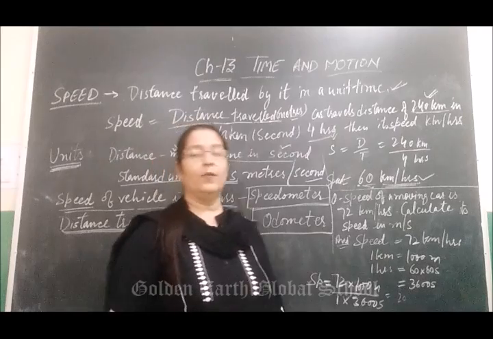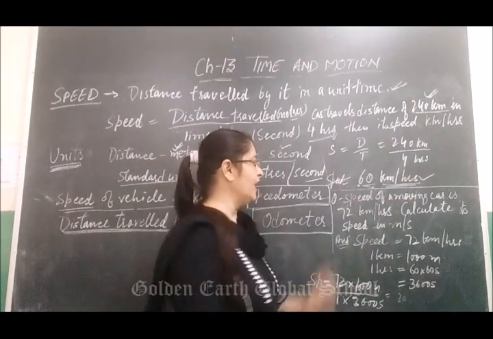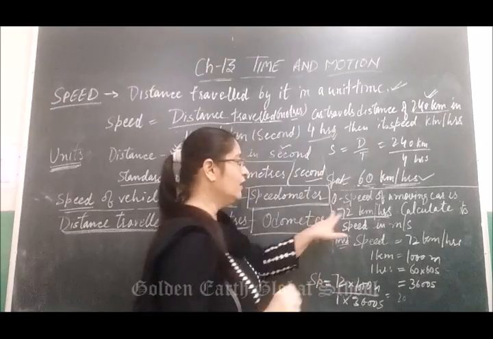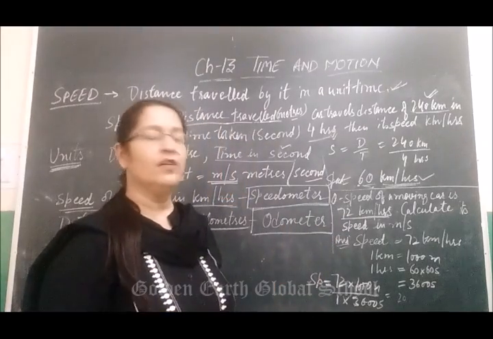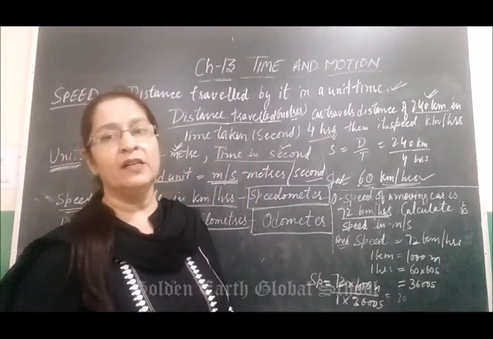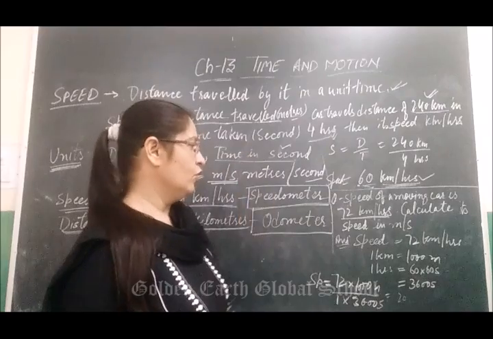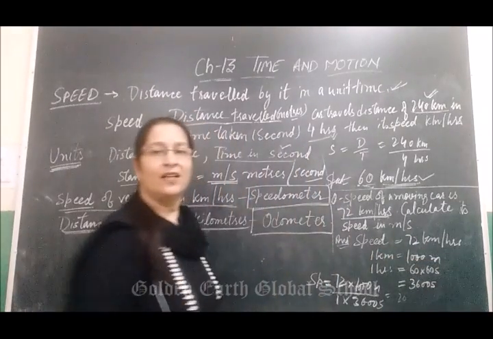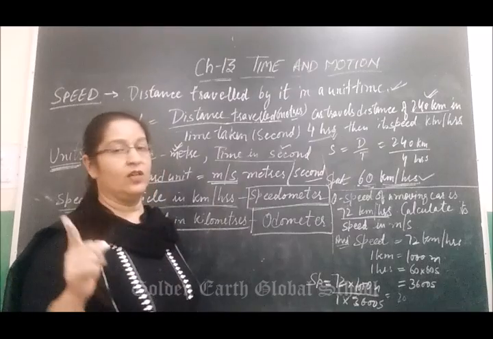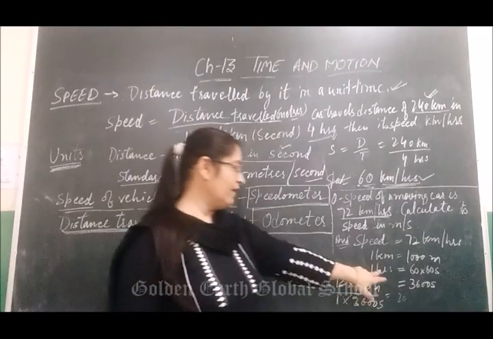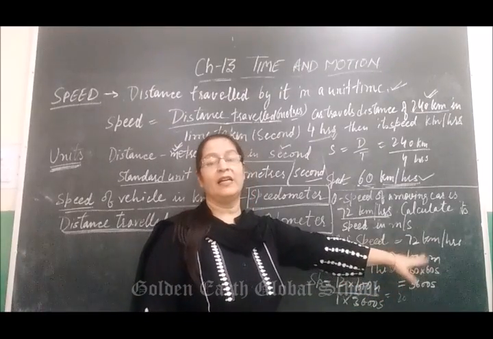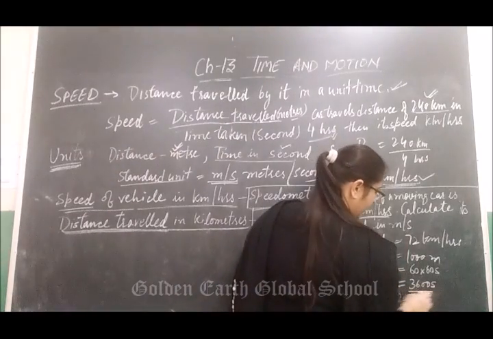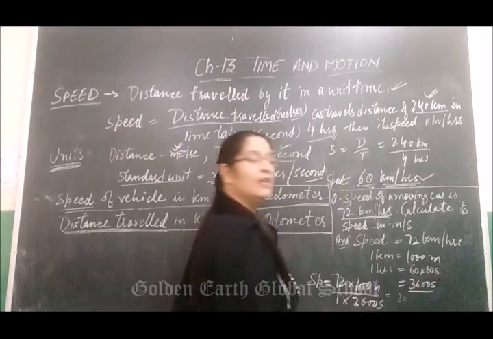The first numerical problem: the speed of a moving car is 72 kilometers per hour. Here the speed is given, and we can convert it into meters per second. You know that 1 kilometer is equal to 1000 meters, whereas 1 hour is equal to 60 minutes into 60 seconds, which is 3600 seconds.